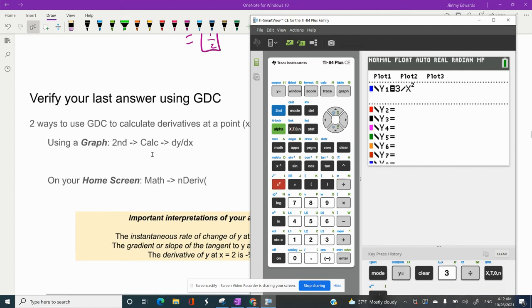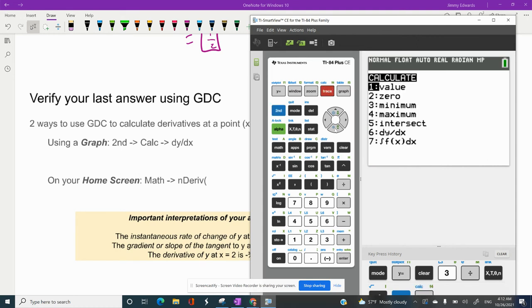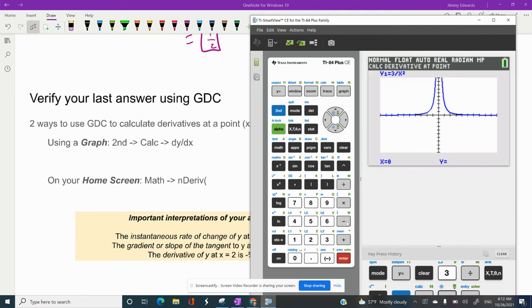And we can go to second calc derivative, which is really great. So I did second. Now I'm going to go to calc. Now we go down to the derivative. There it is. We've never used the 6 and the 7 before. We've only used 1 through 5. Here we go, the derivative. And then it wants us to type in the number we want to find the derivative at.